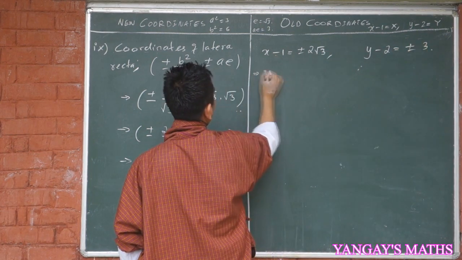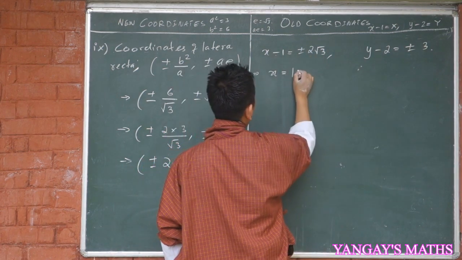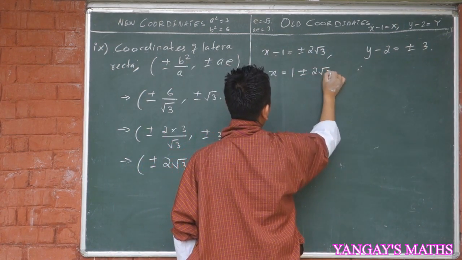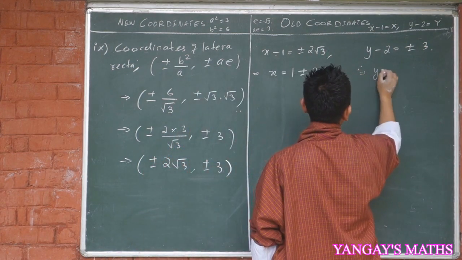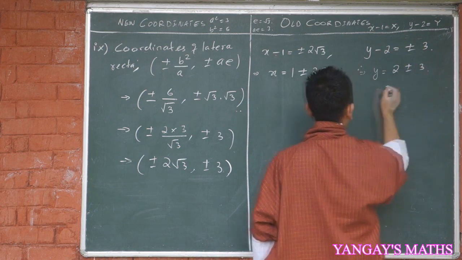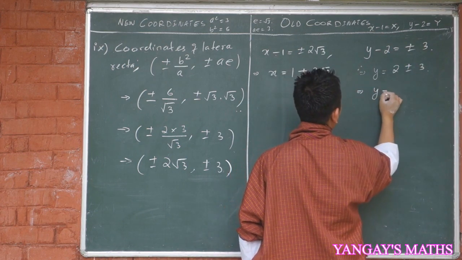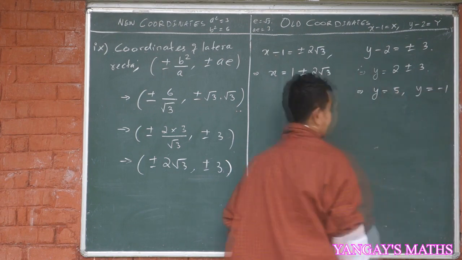which implies x is equal to, take minus 1 that side, we have 1 plus or minus 2 root 3, and then y, take minus 2 that side, it becomes 2 plus or minus 3. We have two values of y: y is equal to 2 plus 3, 5, and another one is y is equal to 2 minus 3, negative 1. Isn't it?